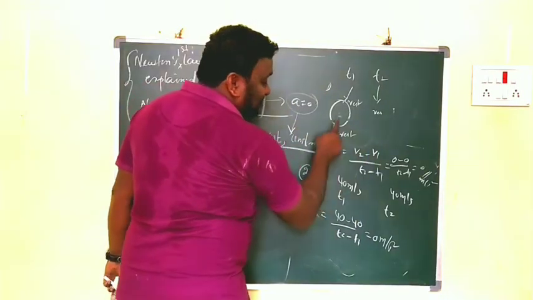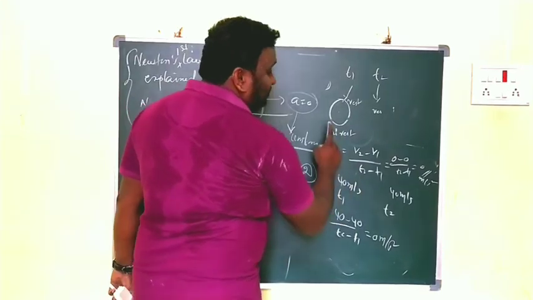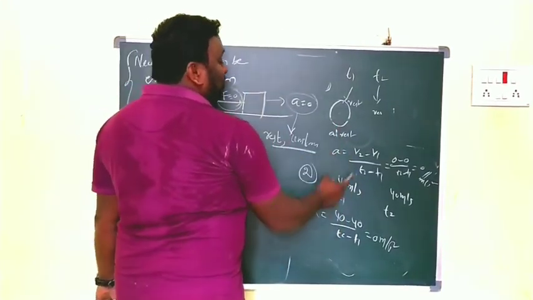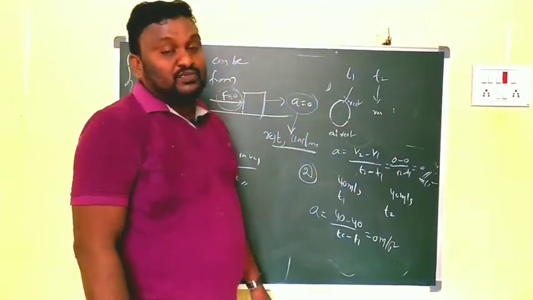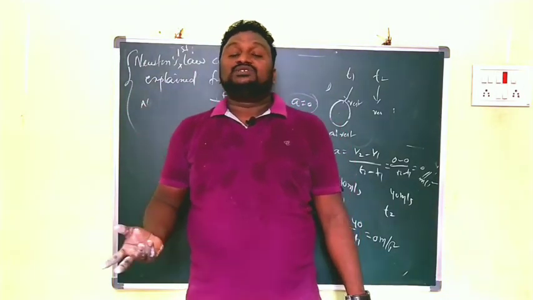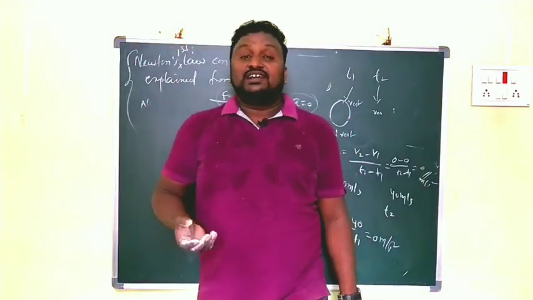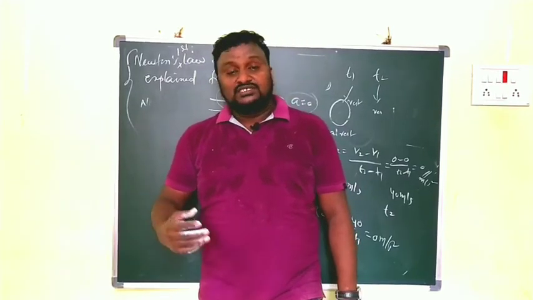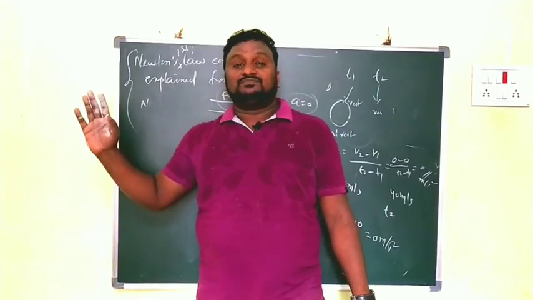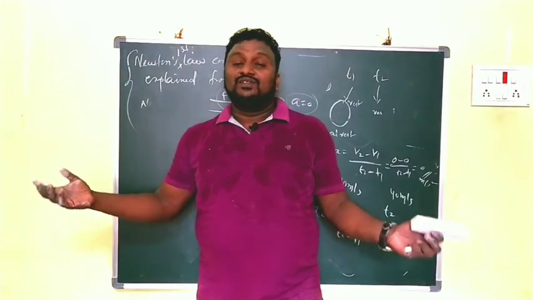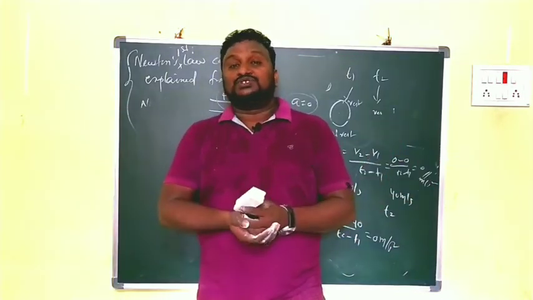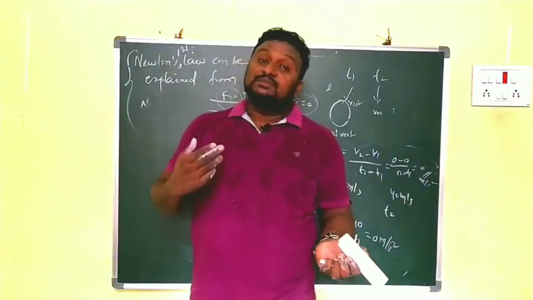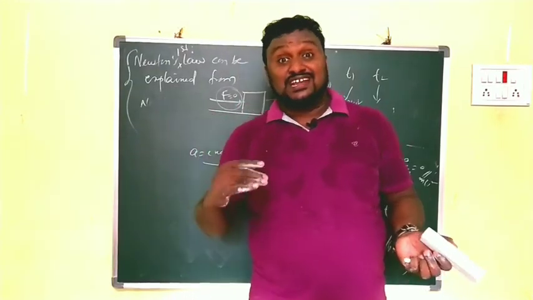The body is at rest or the body is in uniform motion. Only in these two conditions is acceleration 0. That's why when there is no force acting on a body which is at rest, it should stay at rest, and a body in uniform motion should stay in uniform motion. In this way, we can explain Newton's first law from Newton's second law.